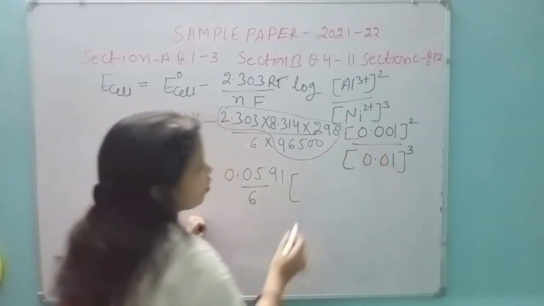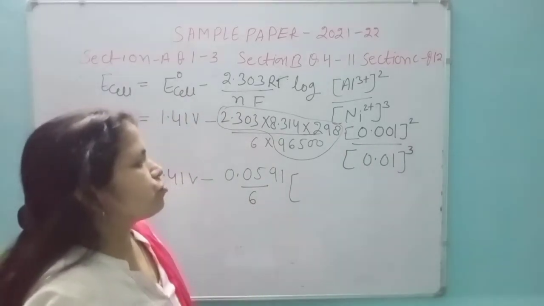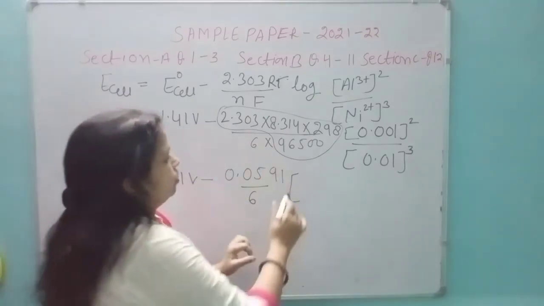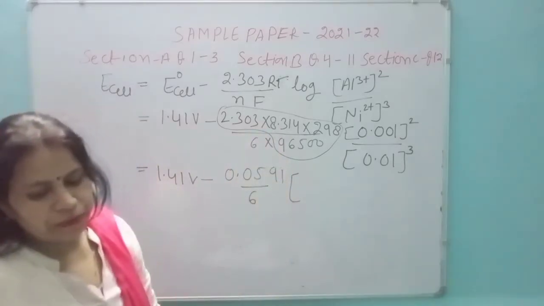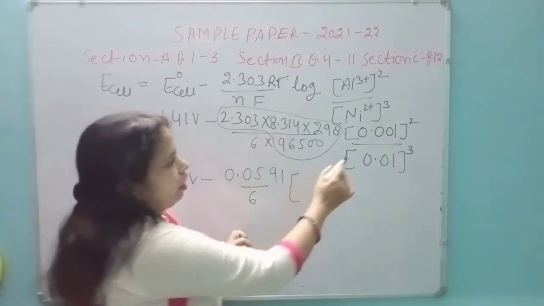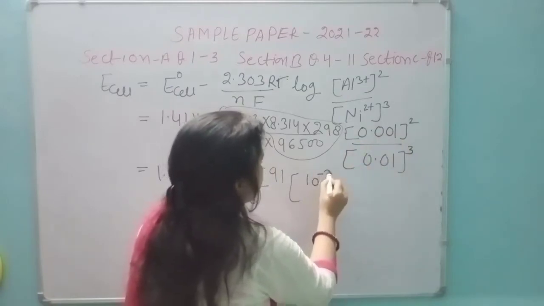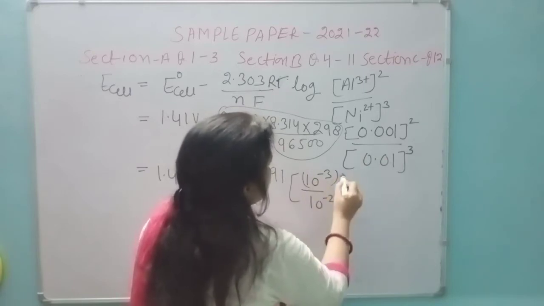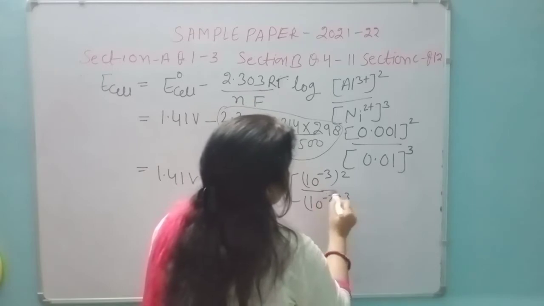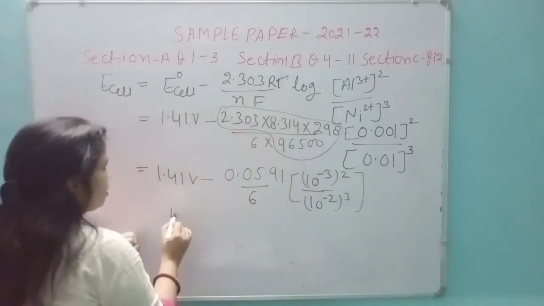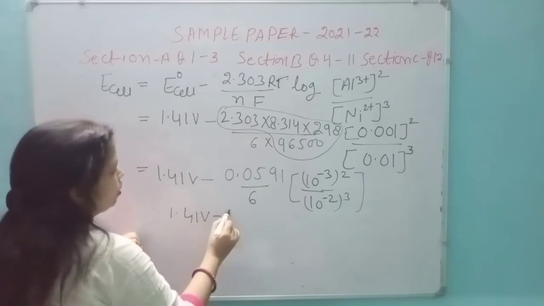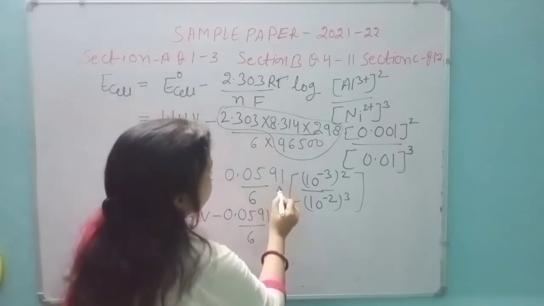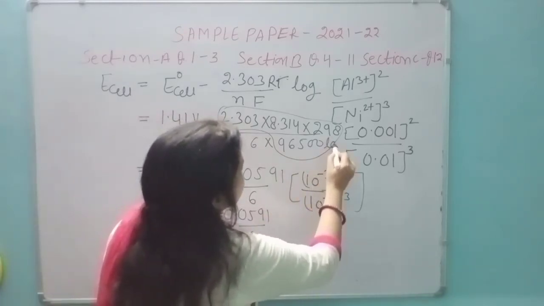For aluminium, 10 to the power how much? How can you write 0.001? 10 to power minus 3 or minus 2? 10 to power minus 3, and the other 10 to power minus 2, squared and cubed respectively. So 1.41 volt minus 0.059 upon 6, and you have to write log also.